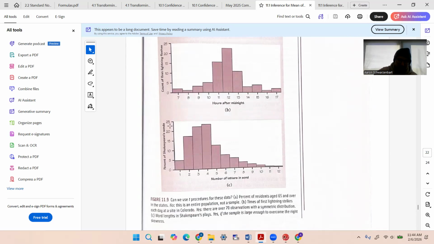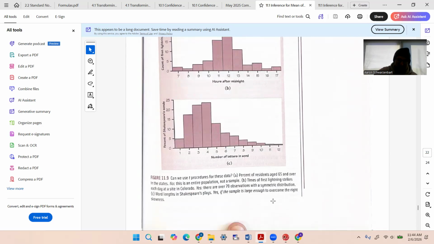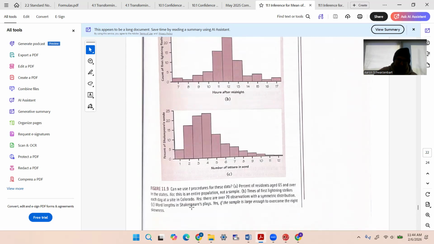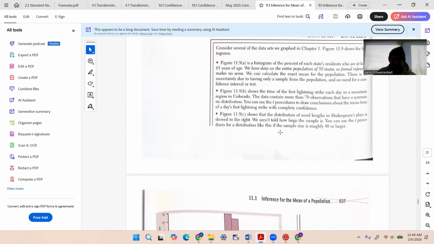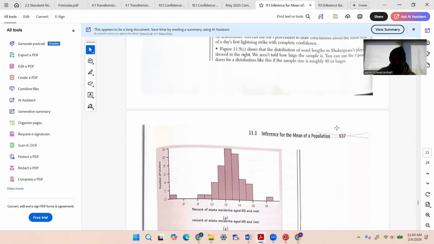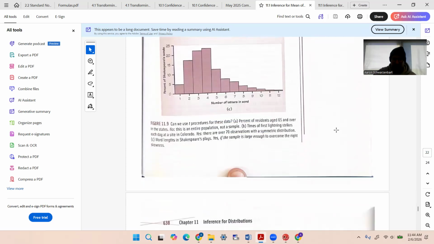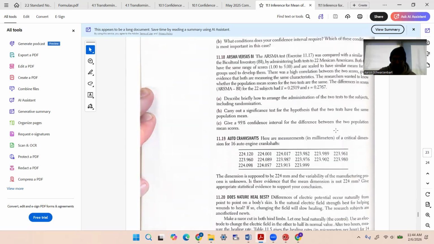Percent of Shakespeare's words in several different plays. Can we use the T procedures? The sample size is roughly 40 or larger. Actually, I think it's 40 or more words.